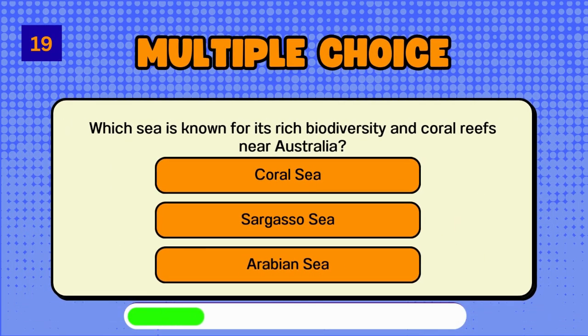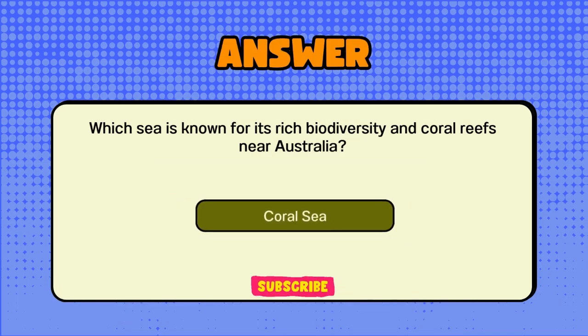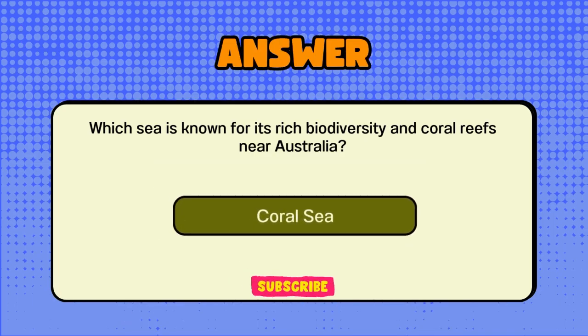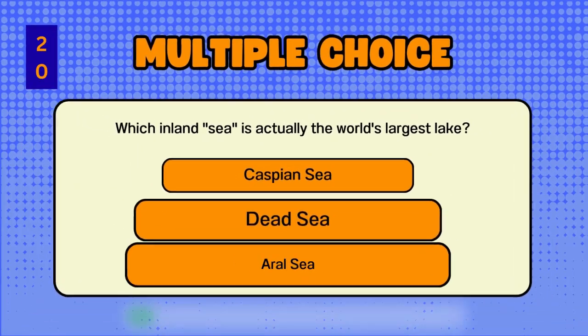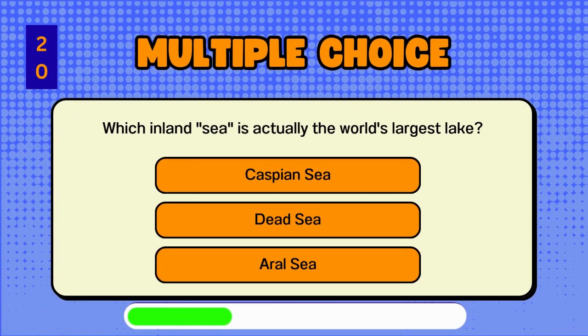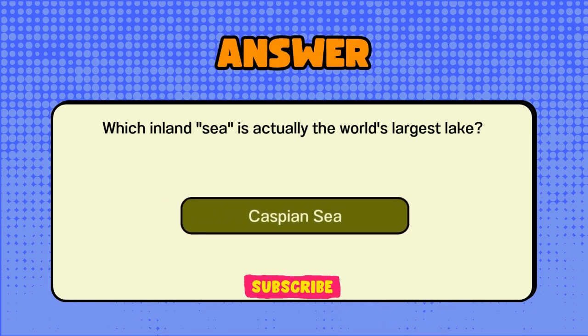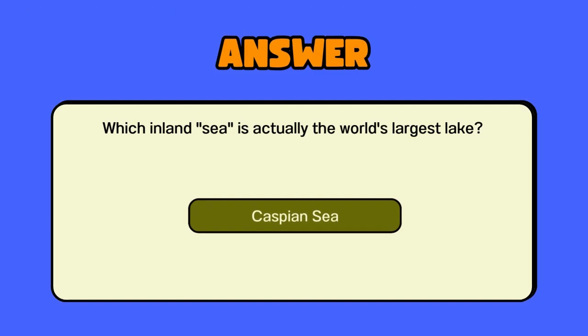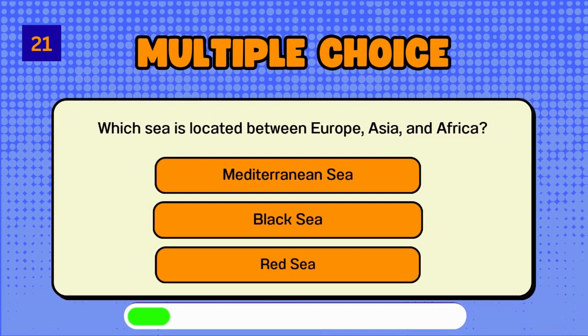Which sea is known for its rich biodiversity and coral reefs near Australia? Which inland sea is actually the world's largest lake? Which sea is located between Europe, Asia, and Africa?